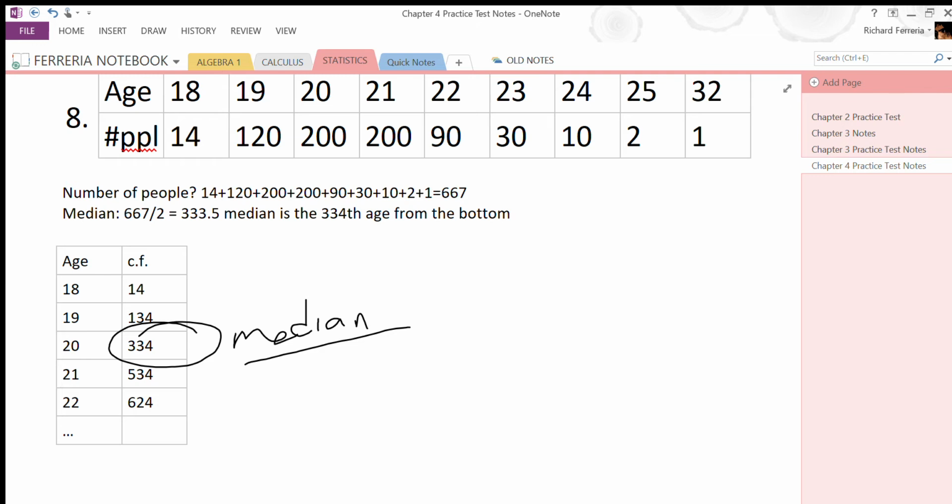If it's an odd number, you divide by 2 and round up. If it's an even number, you divide by 2, and then that number and the next number averaged. Does that all make sense or no?